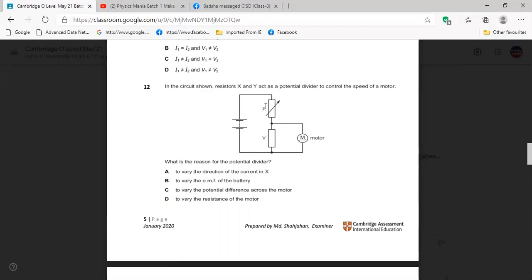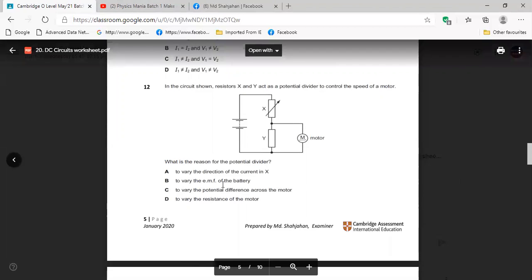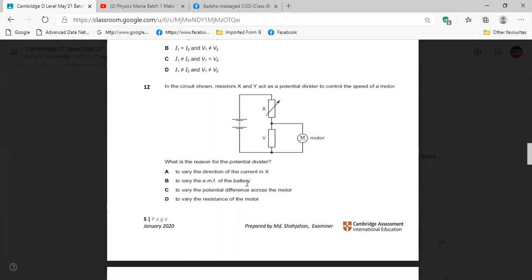By changing this variable resistor, right? Yes, sir. So to vary the EMF of the battery is not possible. In a potential divider, we cannot vary the EMF of the battery, so it is not your answer. To vary the direction of the current in X, direction is not changed, right?